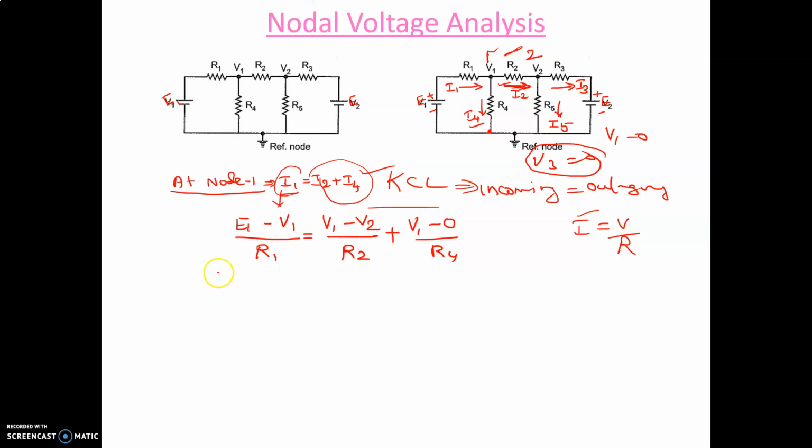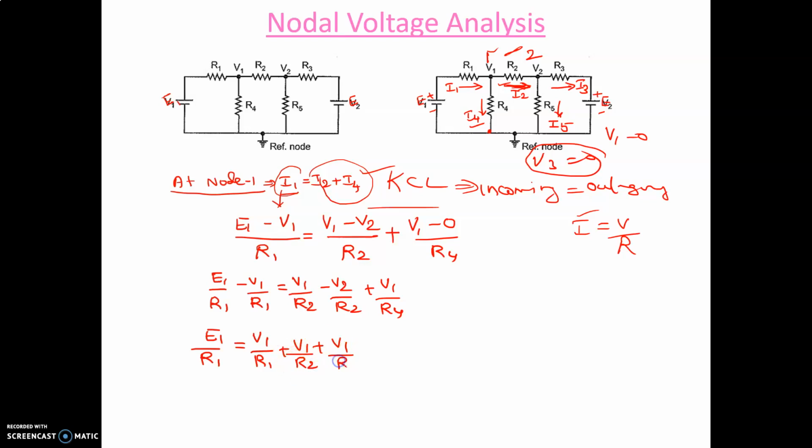So this can be written as E1 by R1 minus V1 by R1, which is equal to V1 by R2 minus V2 by R2 plus V1 by R4. Keeping E1 by R1 on the left-hand side and bringing the remaining terms to the right-hand side, this will be V1 by R1 plus V1 by R2 plus V1 by R4 minus V2 by R2.